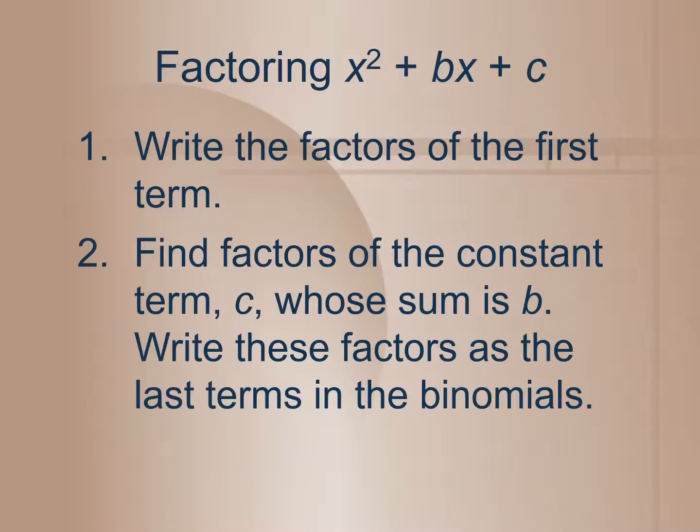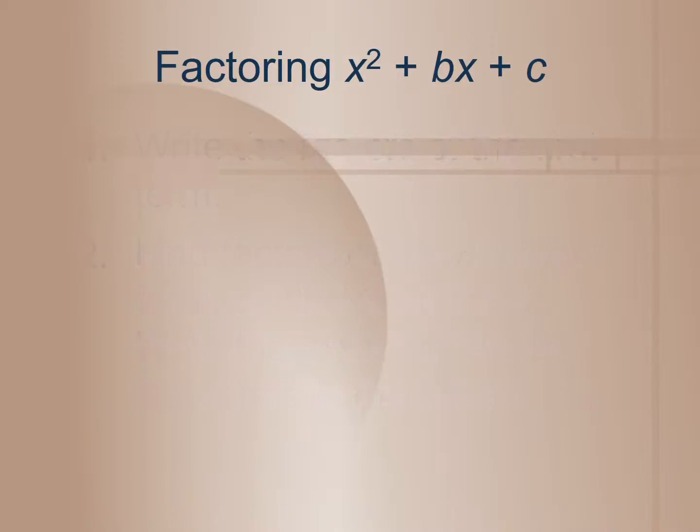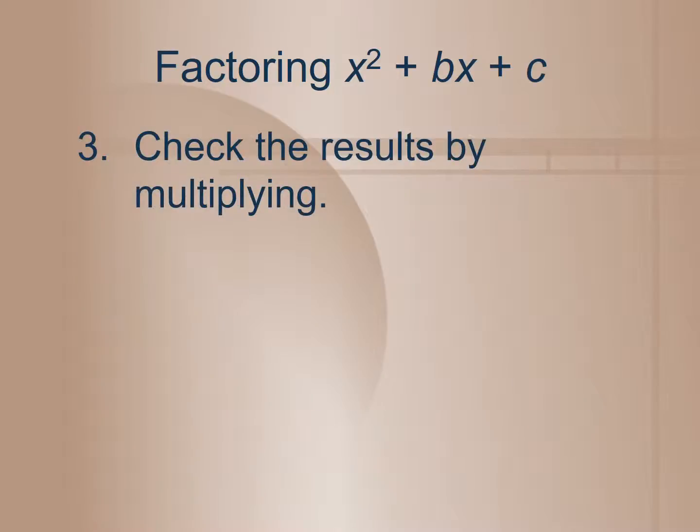Write these factors as the last terms in the binomials. And then our last step is just to check our answer. If we multiply our answer together, we should end up with our original problem.